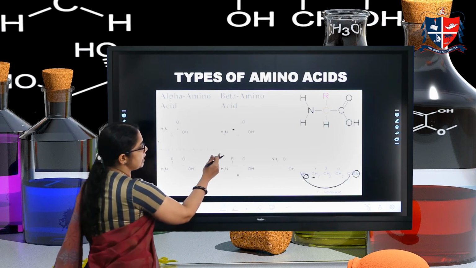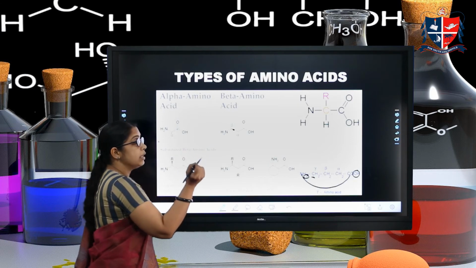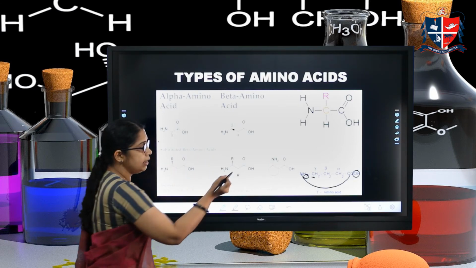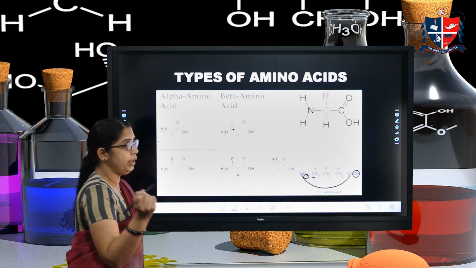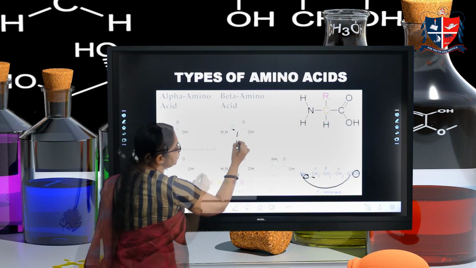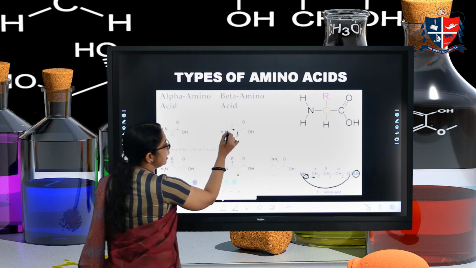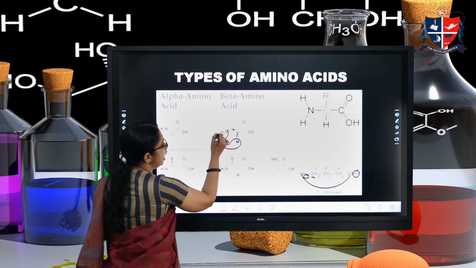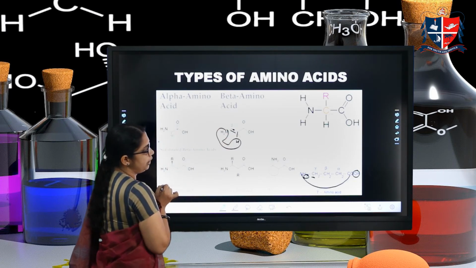But in the case of beta amino acid, it leaves, instead of water, a molecule of ammonia. That is NH2 from here and hydrogen from here. It leaves a molecule of ammonia, and there is a formation of a double bond here.